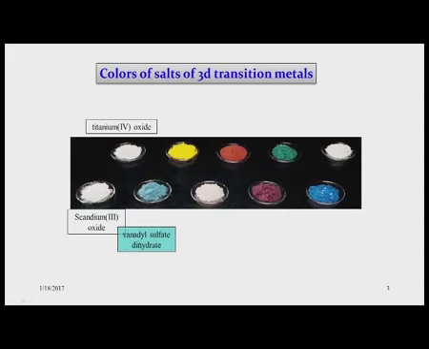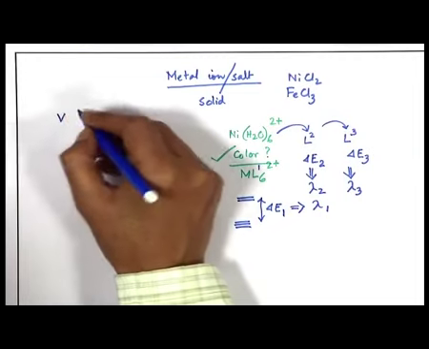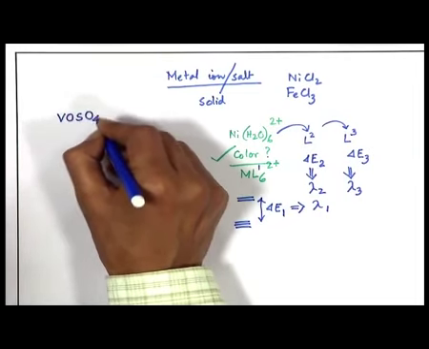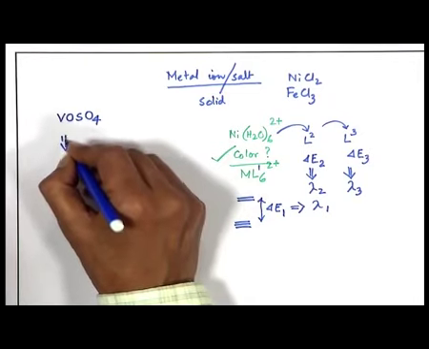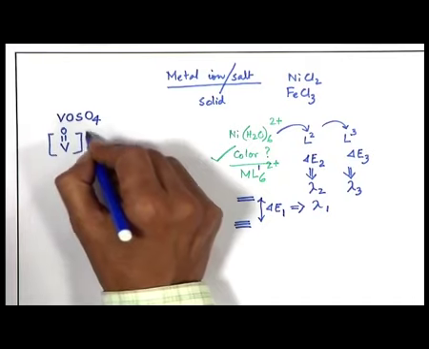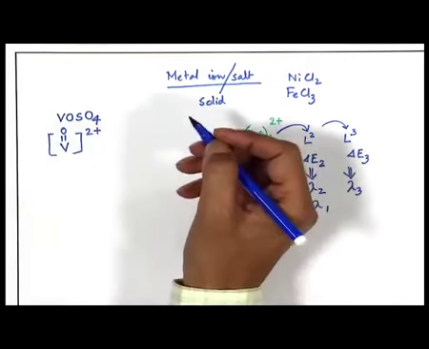So, VO2+ is there and it has a typical coloration. So, when you dissolve vanadium sulphate, this gives rise to a particular type of coloration. This also gives us some idea of what vanadium sulphate is. Your vanadium sulphate is VOSO4. So, the species we get is V bound to O having a charge of 2+.